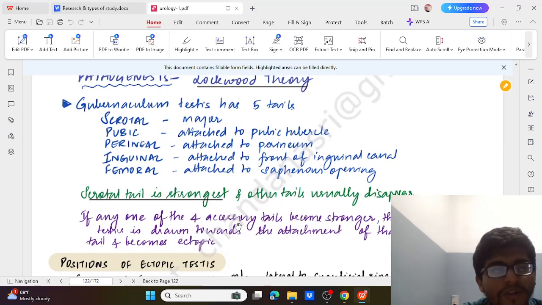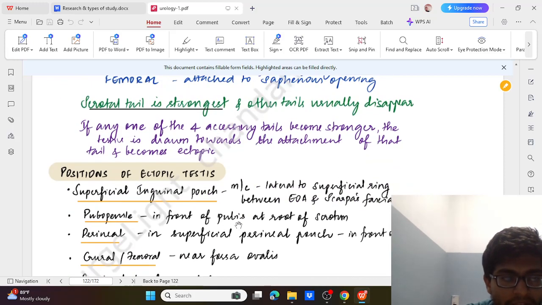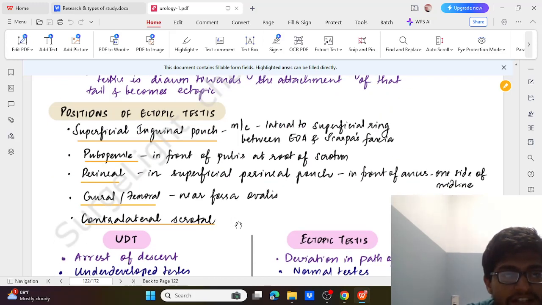So this scrotal tail is the strongest and the other tails usually disappear. If any of the other four accessory tails becomes stronger, then the testis is pulled to that region and becomes ectopic. So it could be any of these regions. That could be the superficial inguinal pouch, which is the most common, lateral to the superficial ring between the external oblique aponeurosis and Scarpa's fascia.